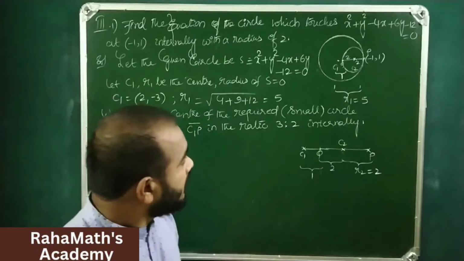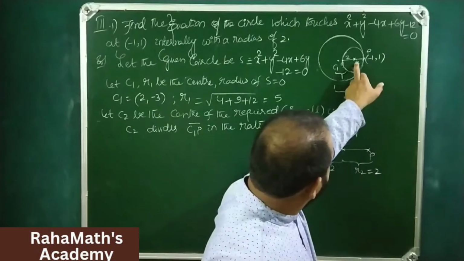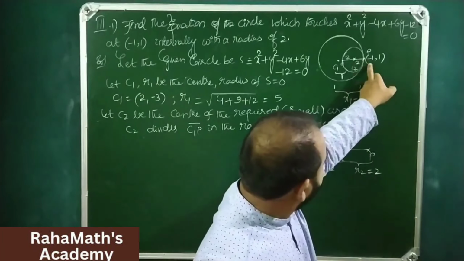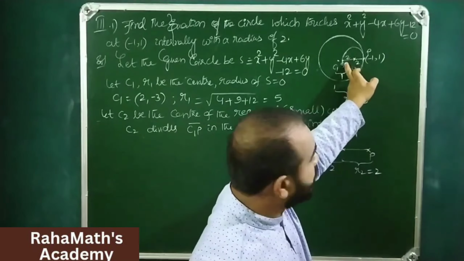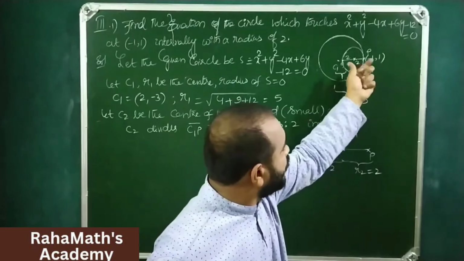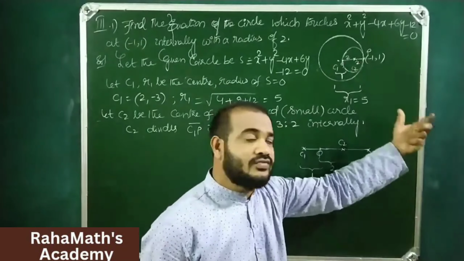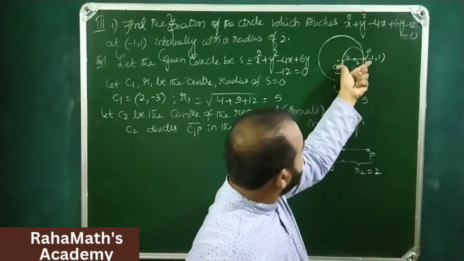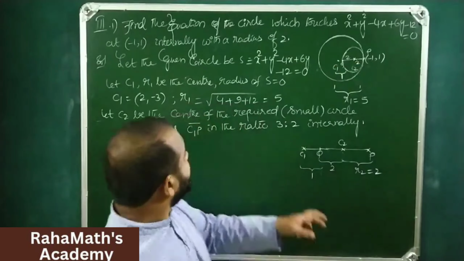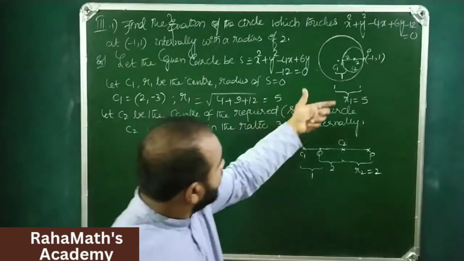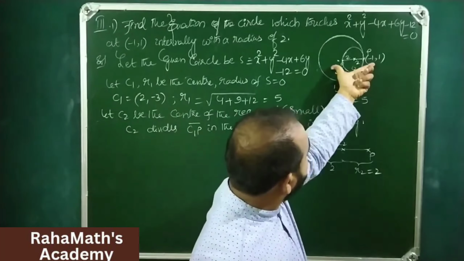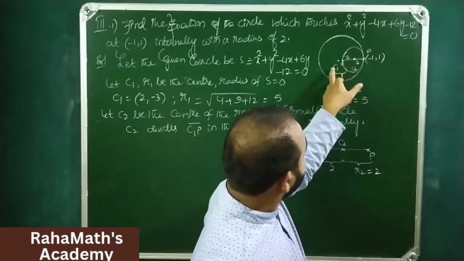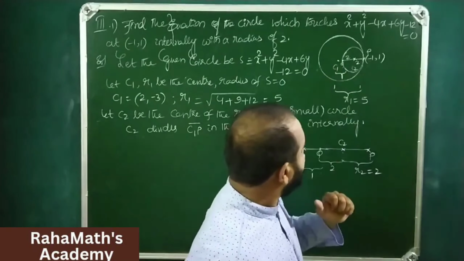Again, I'm telling you, this is the radius of the small circle. So that means this is also the same 2. So 2 plus 2, totally 4, is the diameter of the small circle. And C1P totally is 5, the radius that we have found. When C1P is totally 5 and this is 4, then C1Q is equals to 1.